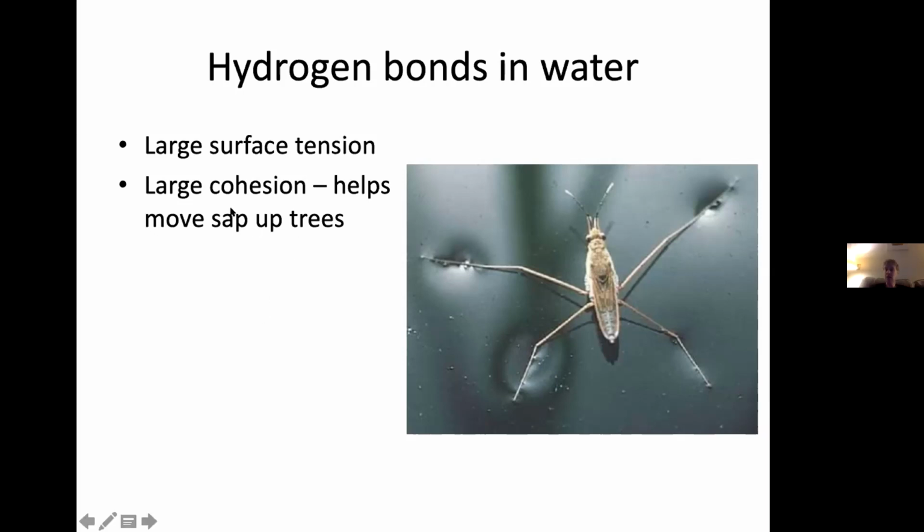And another use is being able to move water, sap, up trees that are, oh, what is it, I think 100 meters for some of the largest trees. And it has to be the cohesion between the water. It can't be the atmospheric pressure or pressure differential that does that.